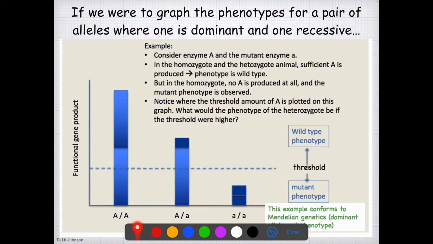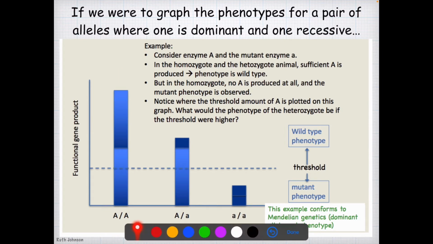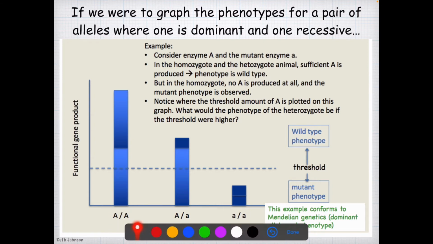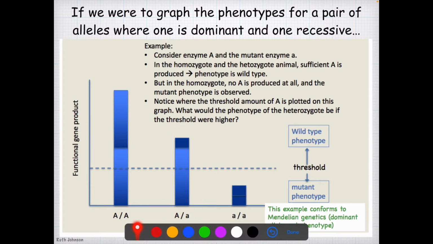So this is an example where we see the normal kind of Mendelian layout, where the individual that has a homozygous dominant genotype is going to show the particular dominant phenotype. And then the individual who is a heterozygote, has one copy of each allele, is still going to show the dominant phenotype.